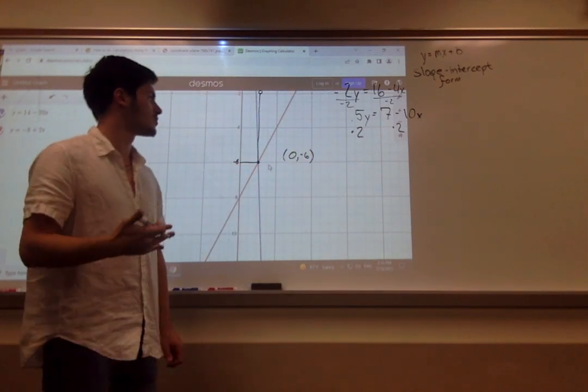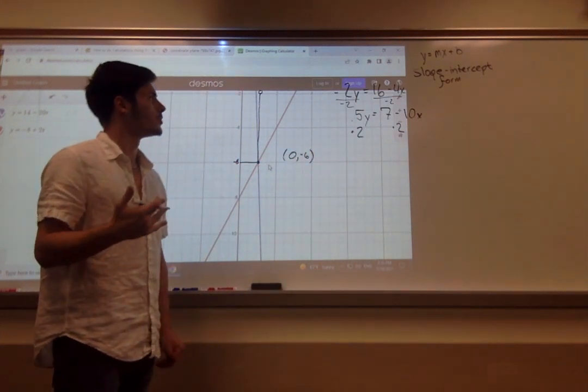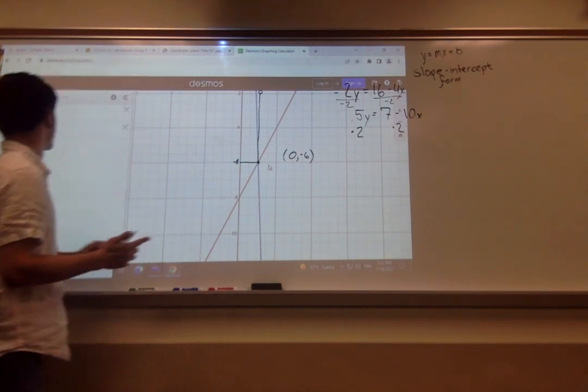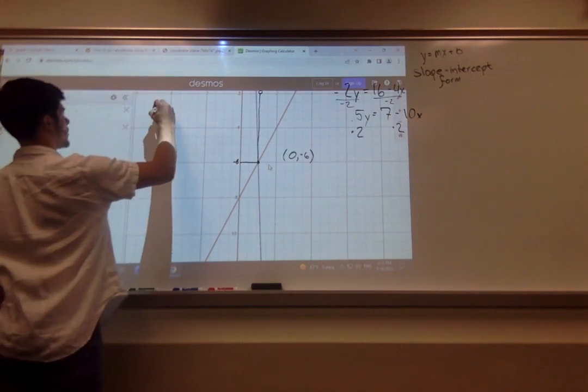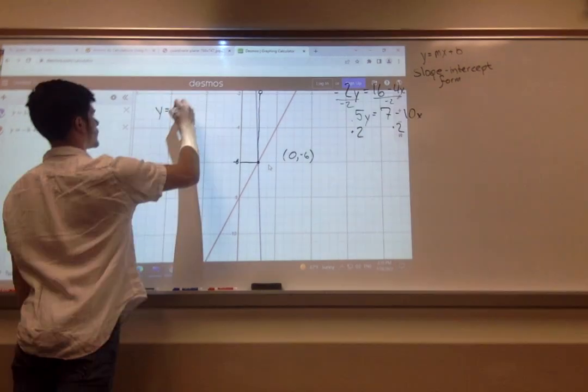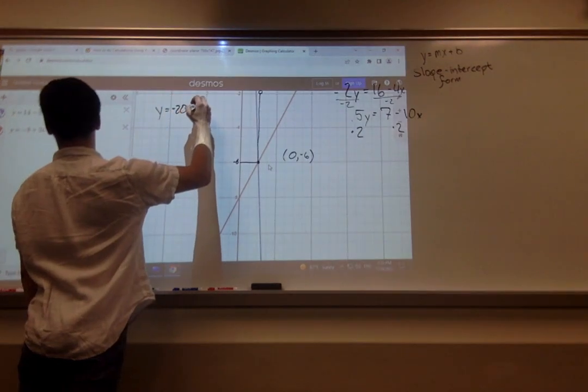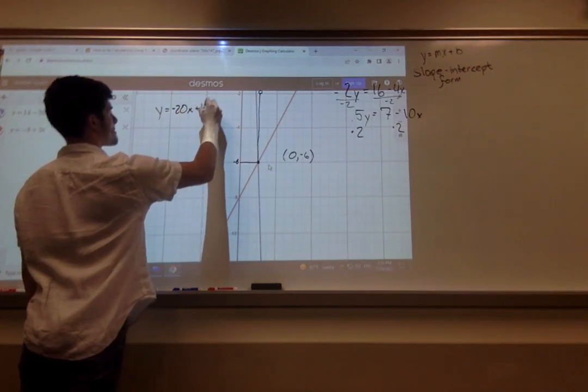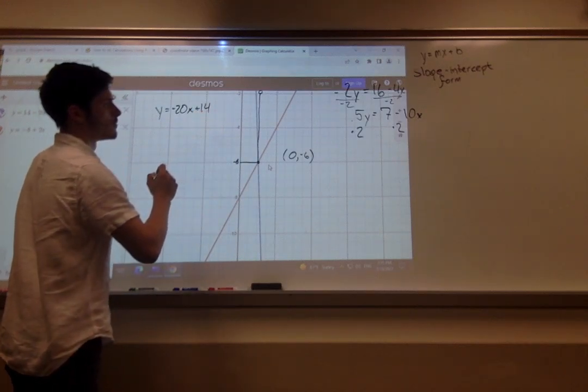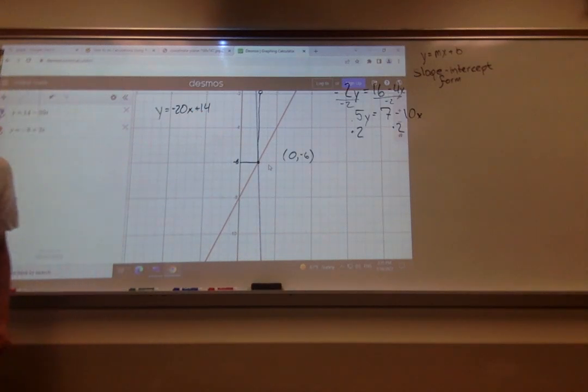And if we didn't use Desmos, we just graphed it, what we would do is use our information, knowing that we had y equals -20x plus 14, right?